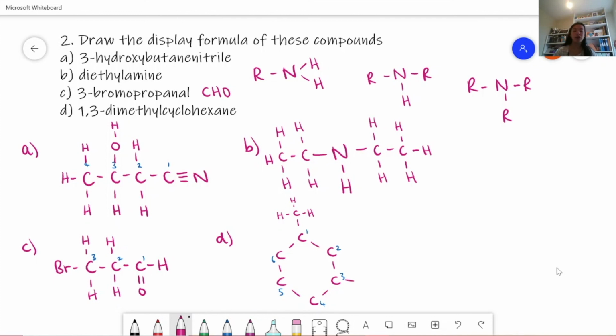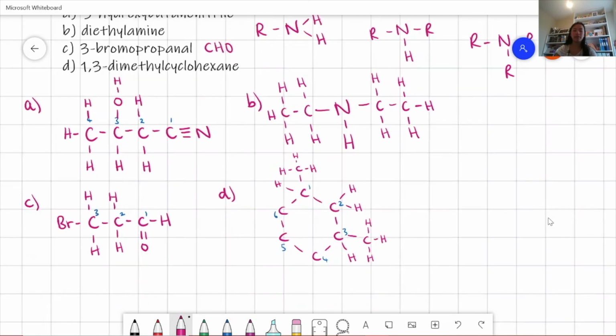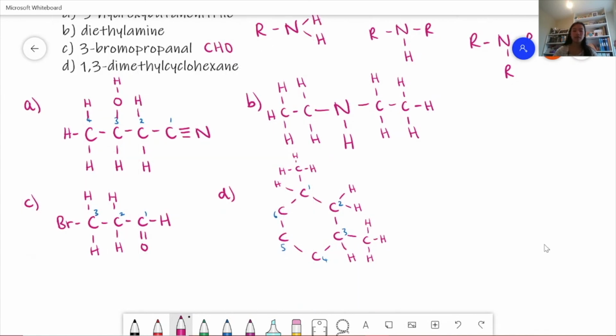And then also on carbon number 3, we also have a methyl group. And then the rest have 2 hydrogens each, because each carbon can bond 4 times. And that's 1,3-dimethylcyclohexane.